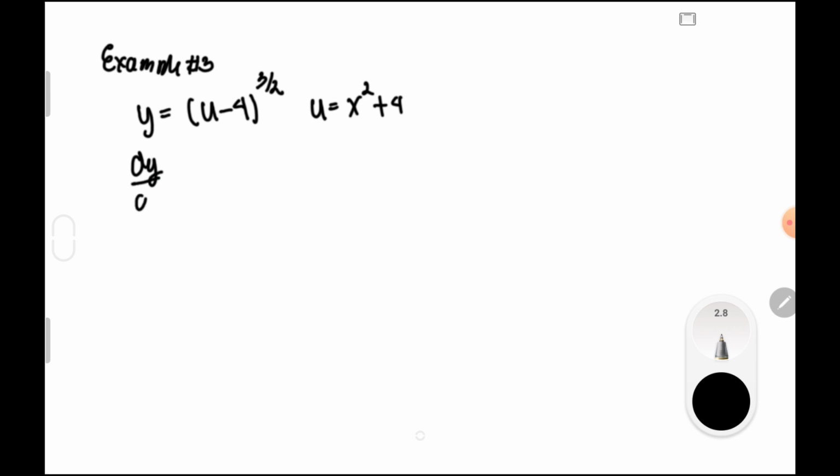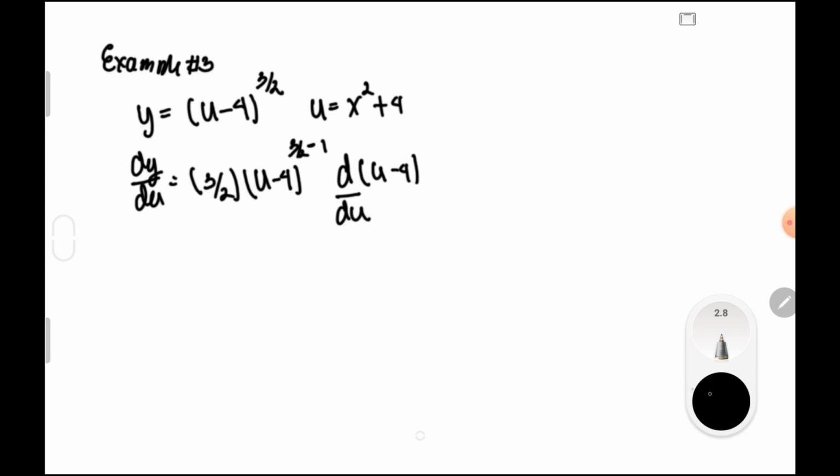So dy over du will have a value equal to 3 halves multiplied by u minus 4 raised to 3 halves minus 1, times the derivative of u minus 4 with respect to u. Note that I applied the power rule, wherein n u raised to n minus 1 du over dx.